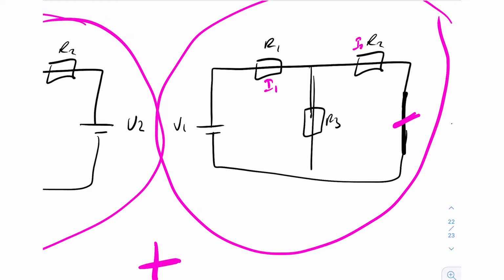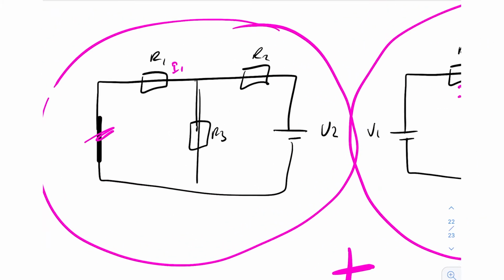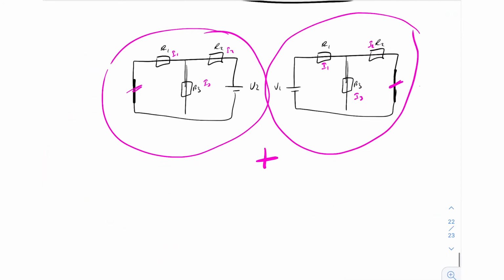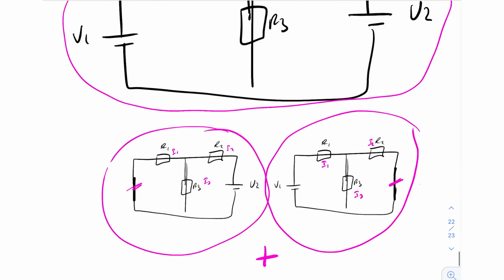And what you do is you work out what I1 is here, what I2 is here, what I3 is. Do the same over here, I1, I2, I3. Then all you've got to do is add them together. And this main circuit up here will be the algebraic sum of these two down here.